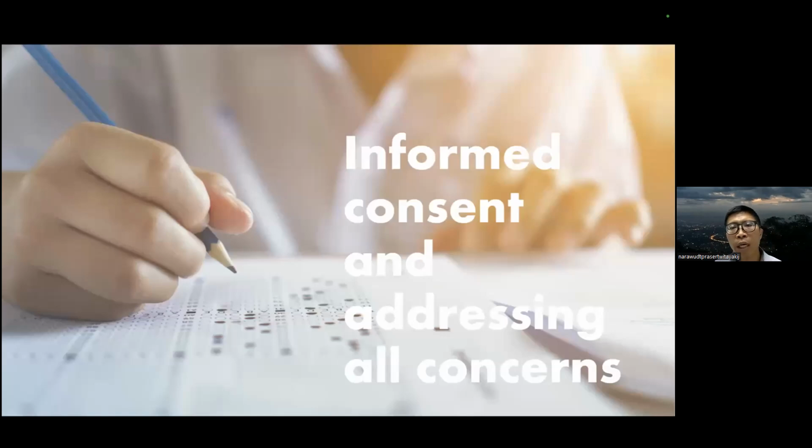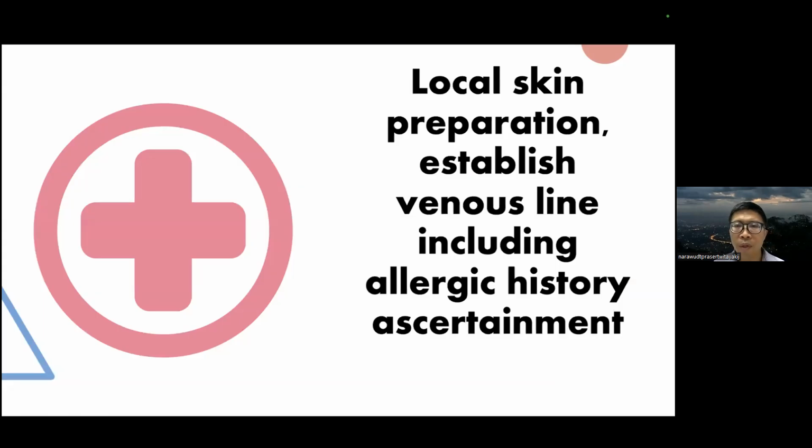Before the procedure, commonly we start with informed consent, and we will try to address any concerns of yours at our best. Local skin preparation is made, and we need to establish a venous line. In certain patients, we may need additional blood sampling for lab evaluation again.